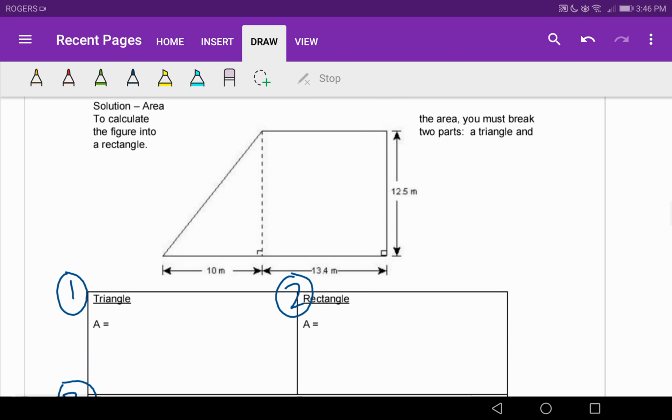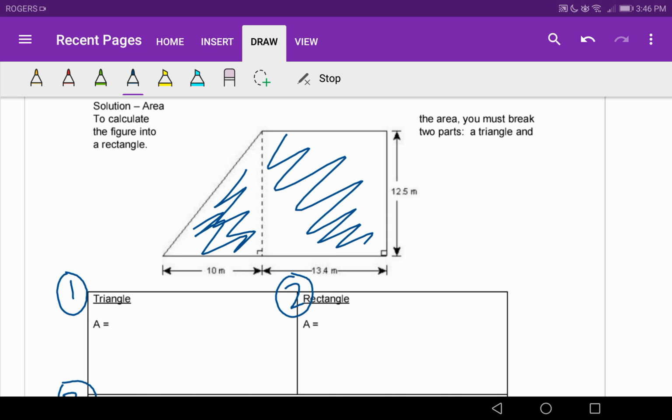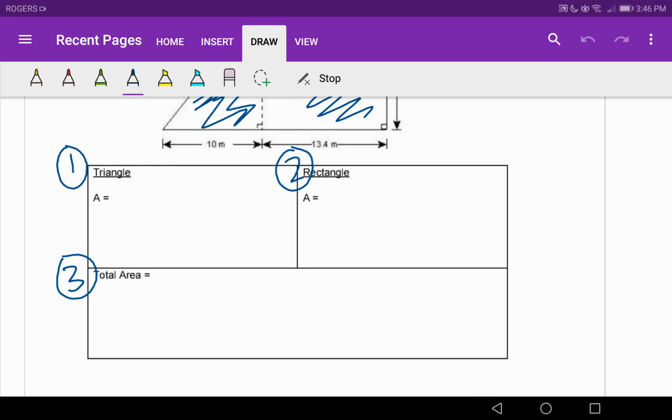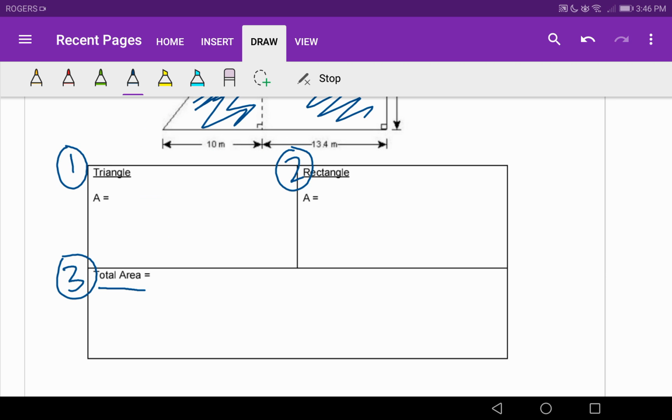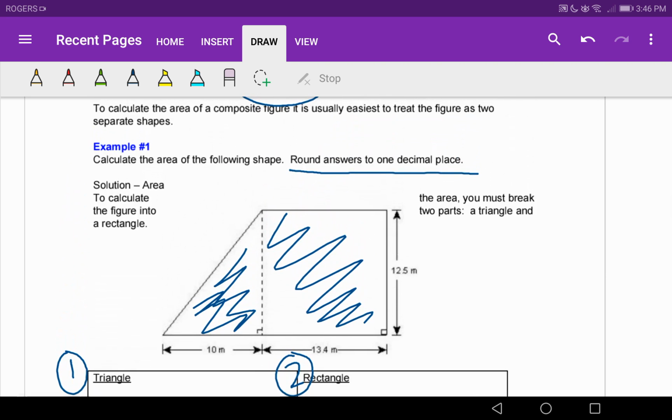Then we're going to find the area of the rectangle here. And then you can see I have a total section. So we are now going to add those 2 areas together to get our total. Okay, so pretty straightforward stuff.